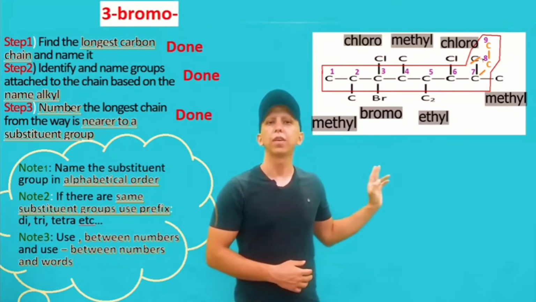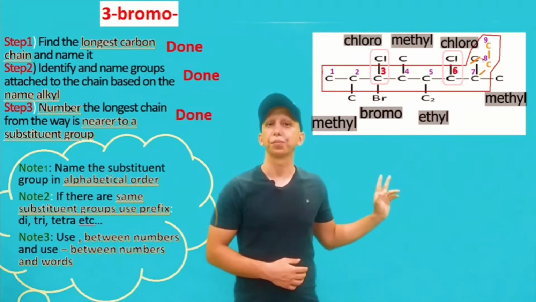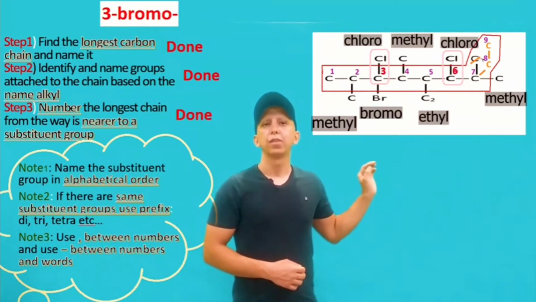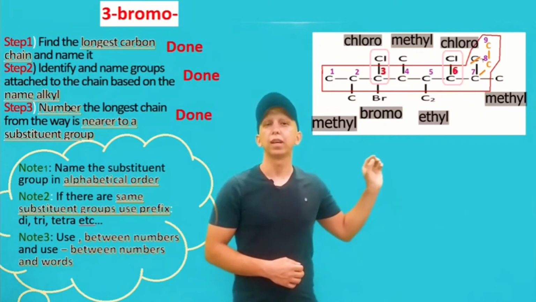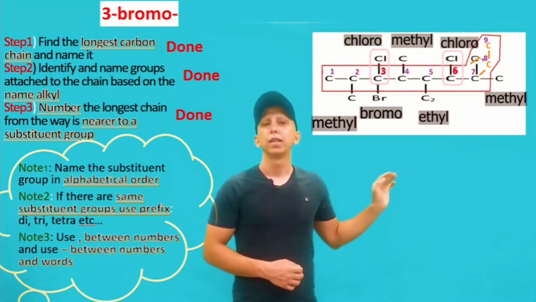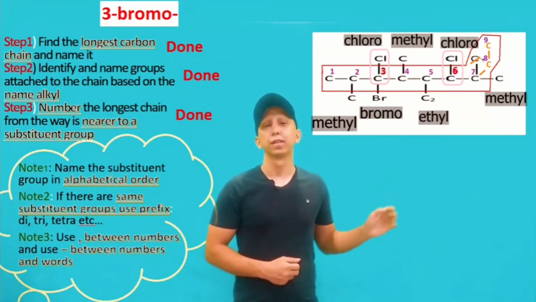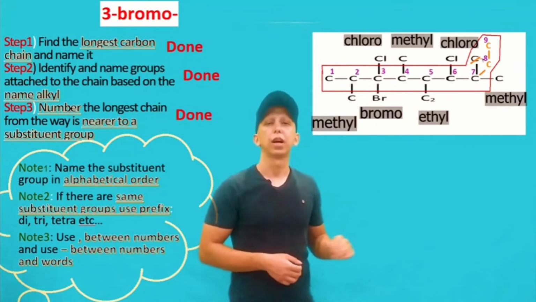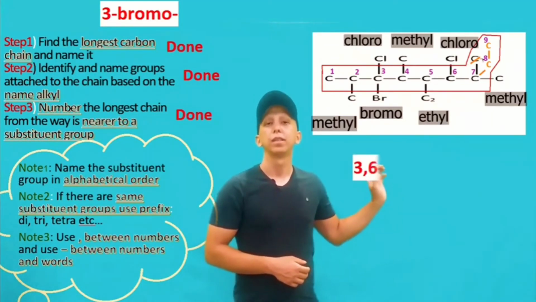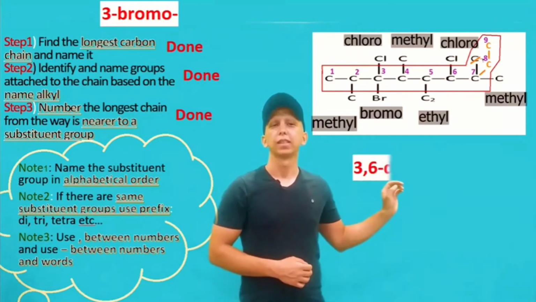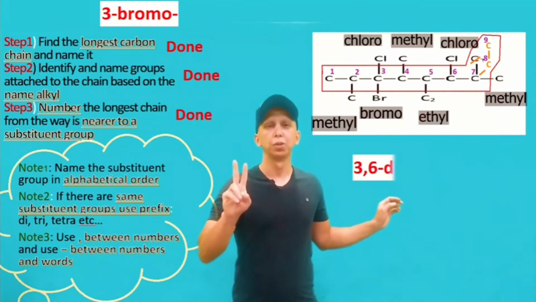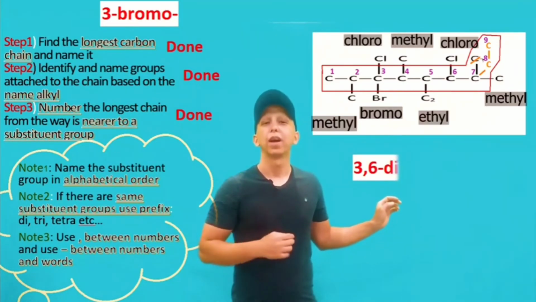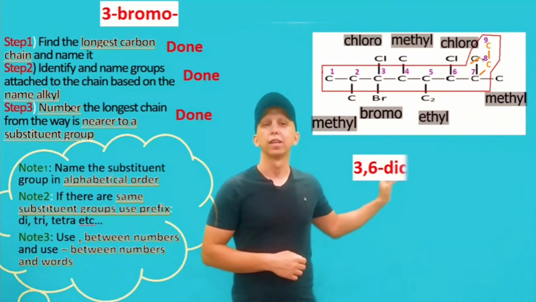As we see here, we have 2 chloro. One of them is attached to carbon number 3, and the other one sticks to carbon number 6. So we will write 3, 6 dash. Because we have 2 chloro, we have to write di.